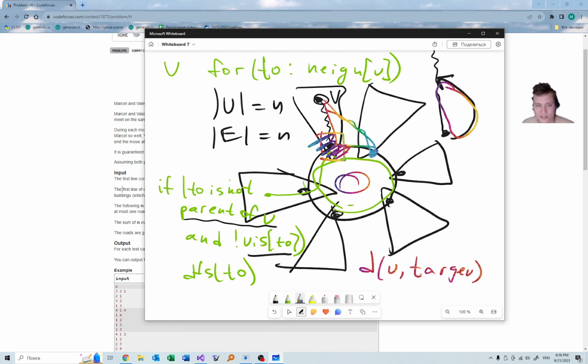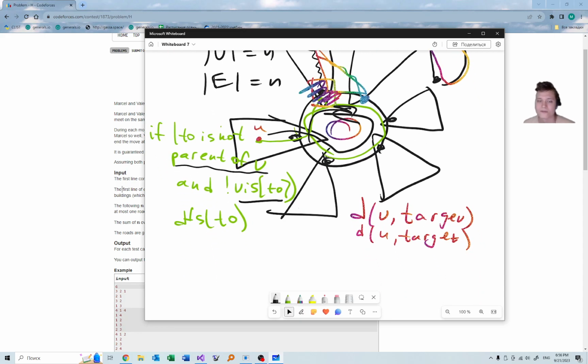Assume that Marcel is in vertex U. Then you also need to find the distance between U and target. It can be done via BFS, or you can just assume that you go this way or this way, counterclockwise or clockwise through the cycle. There are only two ways, so you check each of them in linear time.